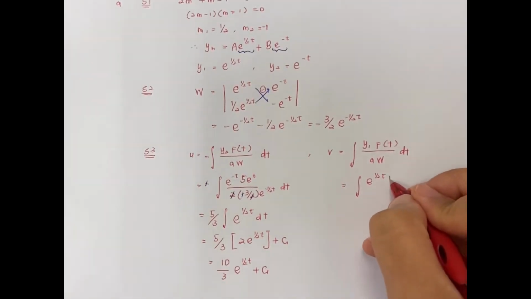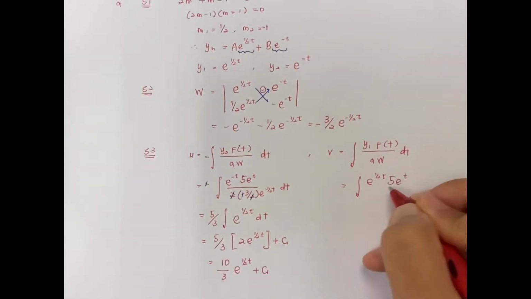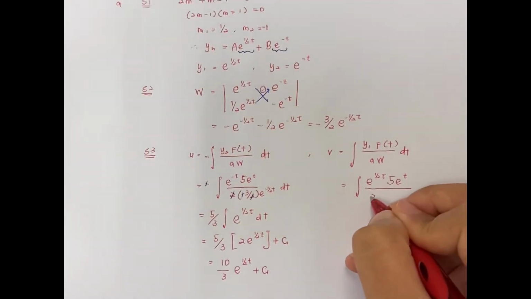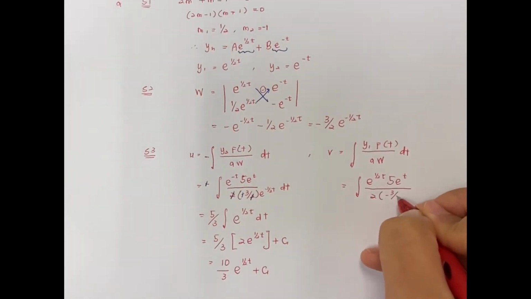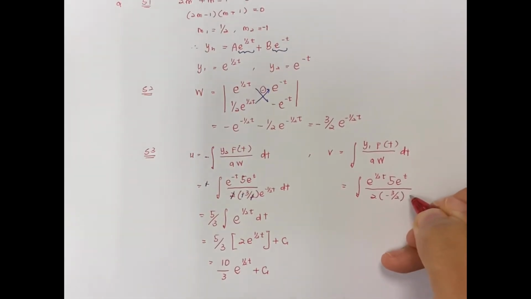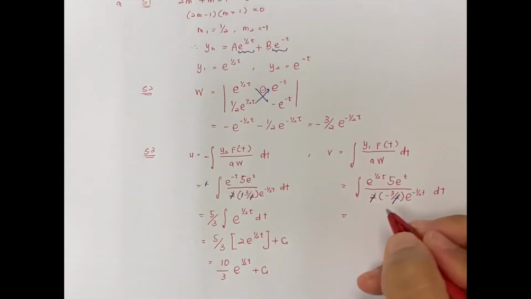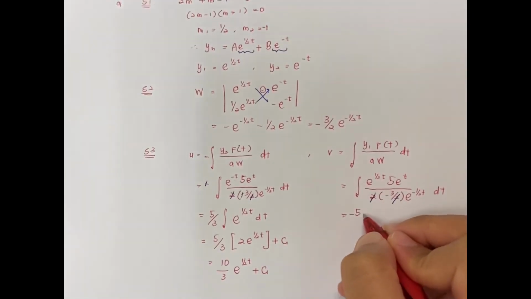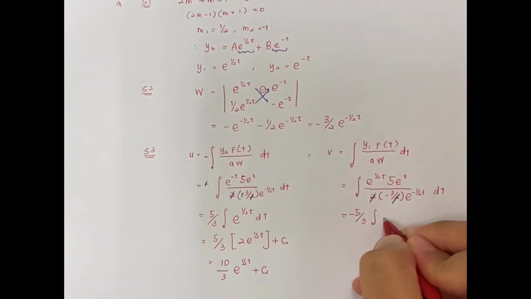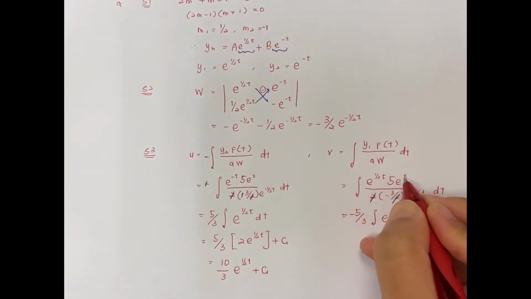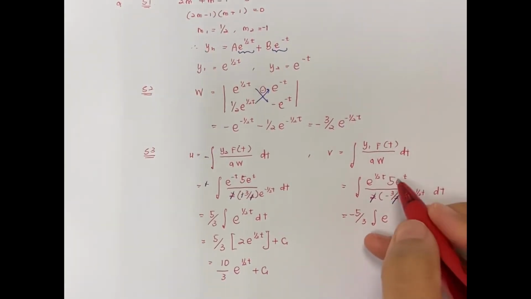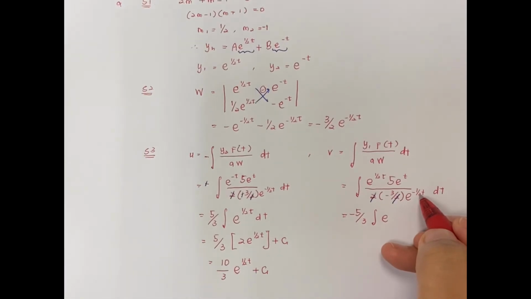Ft is 5 exponent t, negative 3 over 2 exponent negative half t dt. Again, simplify this. You have negative 5 over 3 exponent half t plus t is 3 over 2 plus 1 over 2.